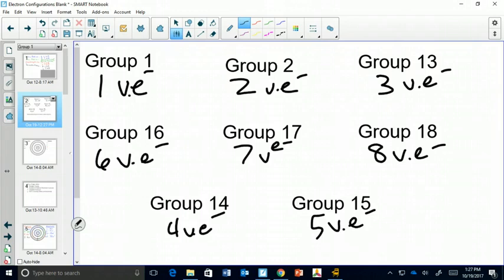If I accept an electron, now I have more negatives than positives, more electrons than protons, so therefore I become negative. Does that make sense? And here's the key. Everything wants 8 valence electrons. Every element, other than 2, wants 8 valence electrons.